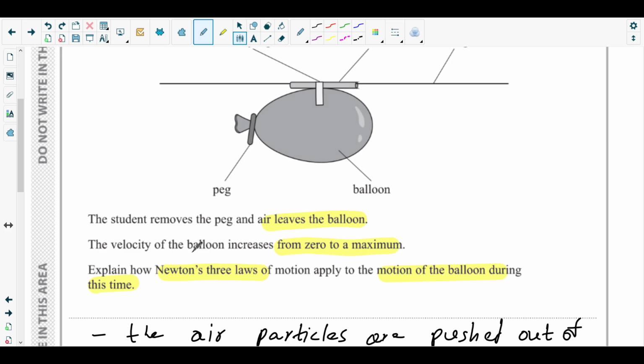That's why the balloon is accelerating in the forward direction, because of the resultant force in the forward direction. So according to Newton's second law of motion, we know that the acceleration will happen towards the direction of the resultant force, right?